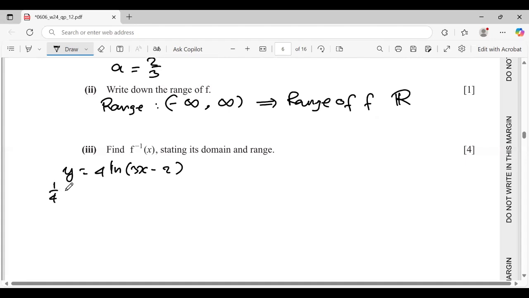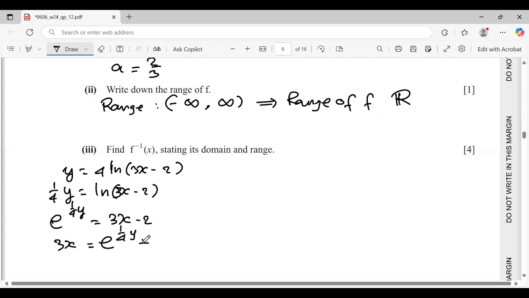It becomes 1/4 y = ln(3x - 2), or e to the power 1/4 y equals 3x - 2, or 3x equals e to the power 1/4 y plus 2. So x equals 1/3 (e to the power 1/4 y plus 2).